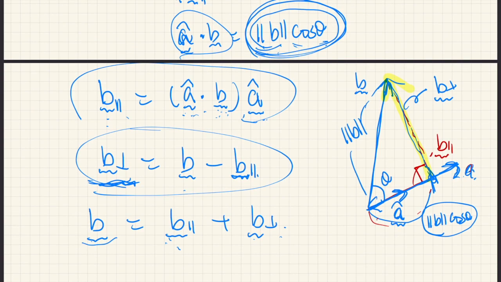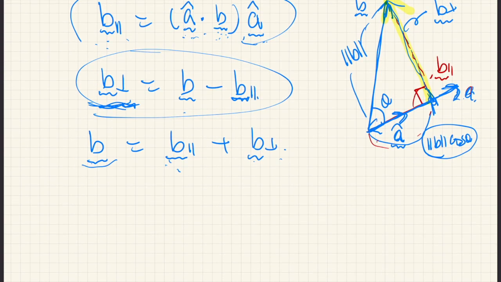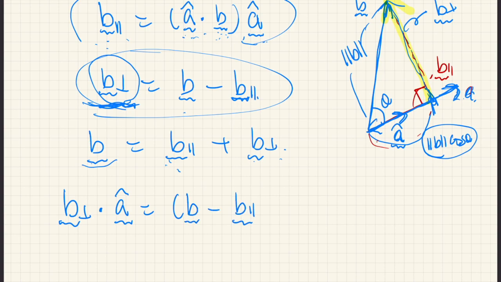It's obvious that B parallel is parallel to A, so let's see if B perpendicular is indeed perpendicular to A. Consider this dot product: B perpendicular dot A hat. B perpendicular is B minus B parallel, dotted with A hat.